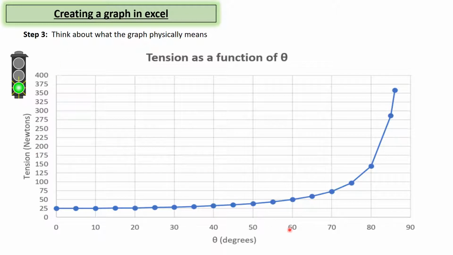Looking at this graph, if you were the engineer designing this cable system, what would your suggestions be? What is the point of no return here? So would you tell everybody, don't go past 60 degrees, don't go past 70 degrees, and really you'd be looking at what your cables are able to support, and there's no specific cutoff here.